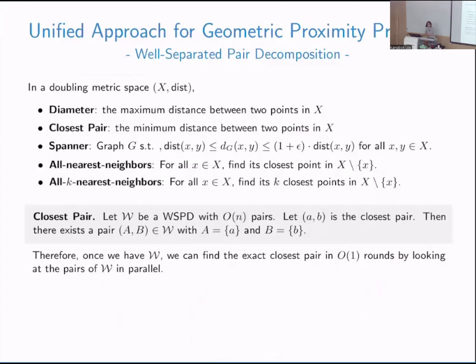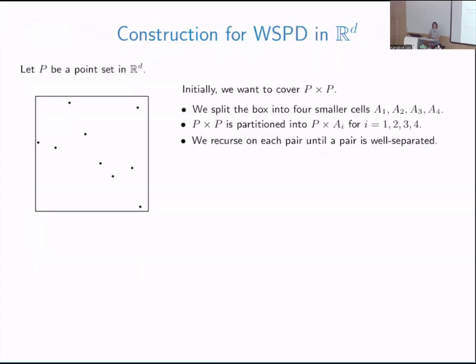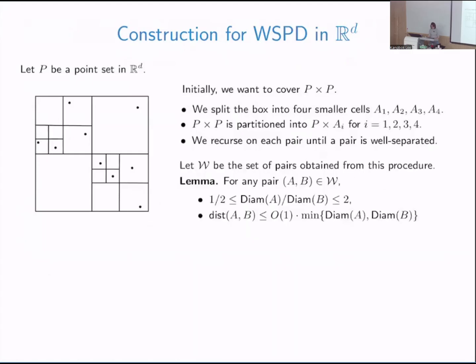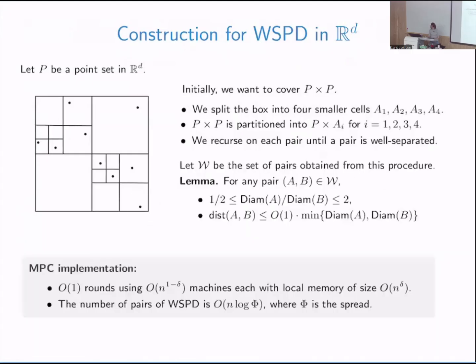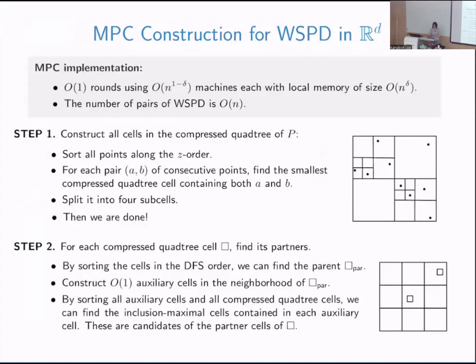Okay, I think we don't have enough time, so I will skip the details of our main algorithm. What I want to say is that we can construct a WSPD in the Euclidean space using a quad tree in a constant number of rounds. And in fact, to obtain a WSPD in the MPC model, we simply parallelize the known construction for the WSPD in the Euclidean space.